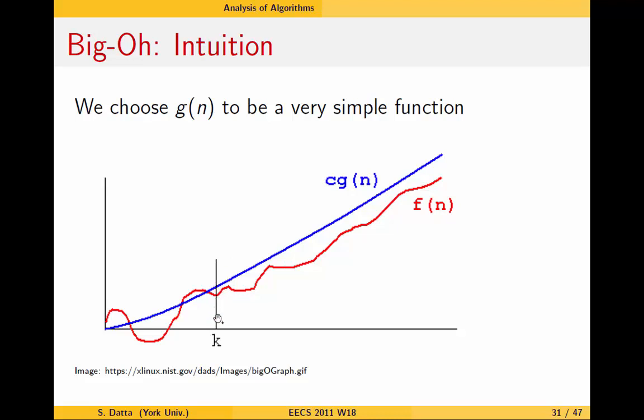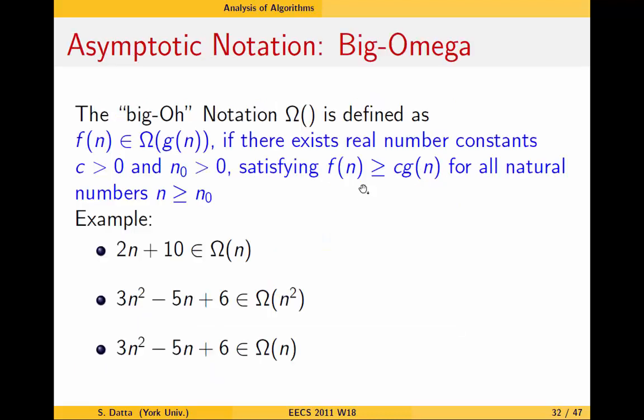The graph, because I took it from one place on the web, calls it k. For us, that k is n sub 0. So there's this threshold n sub 0 to the right of which the blue curve is always above the red curve. If that's the case, then we say f of n is big O of g of n. Simple.